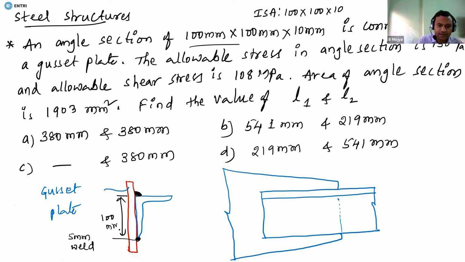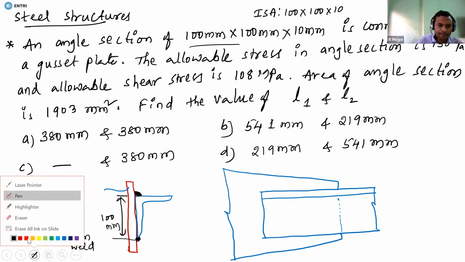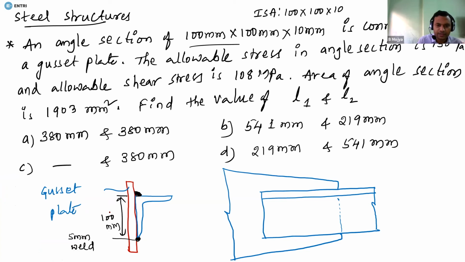This height of the leg is 100 millimeter, and it is also given that the resultant force, or the total force which is acting, is passing through 28.4 millimeter from the top.